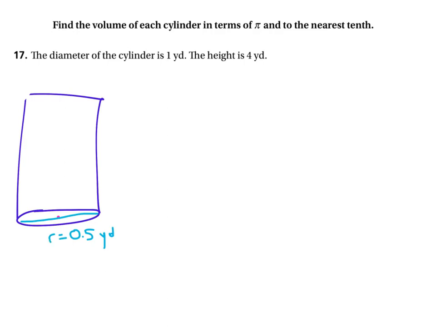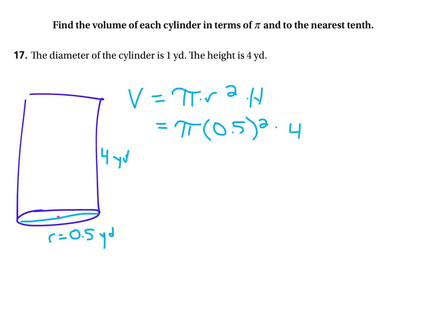Okay, so then when we're doing the formula for volume of a cylinder, which is the volume is equal to pi times the radius squared times the height. We got pi times, what did they say the radius is? Well, they said that the diameter is 1 yard, so it's 0.5 of a yard. Squared times h, the height of this thing, says is 4 yards, and I didn't fill that in, but it's 4 yards. So height times 4.